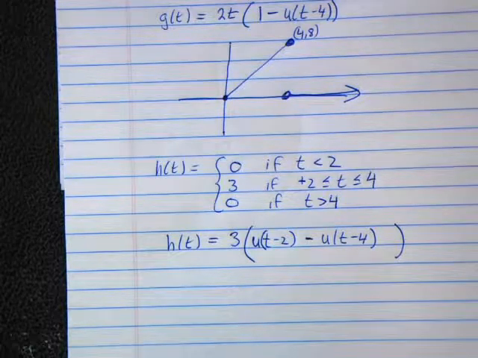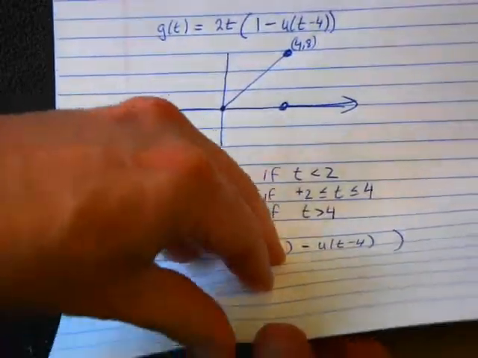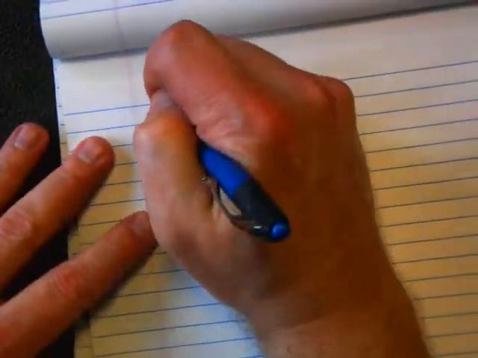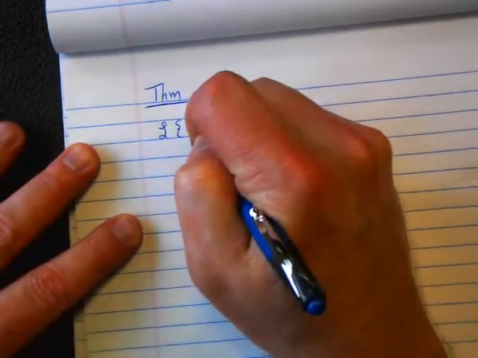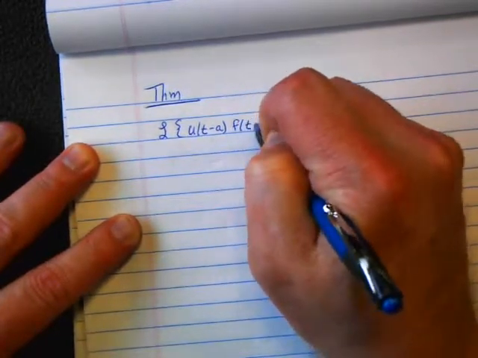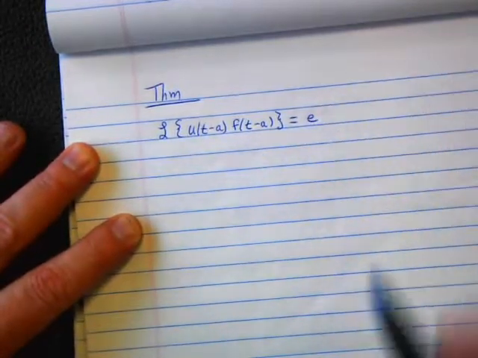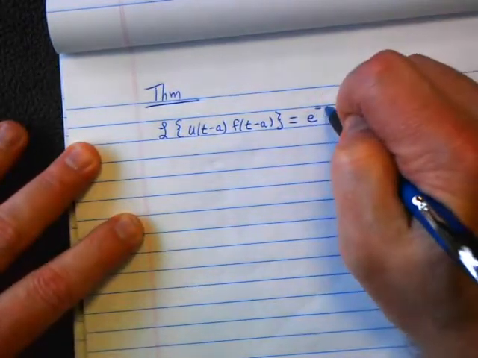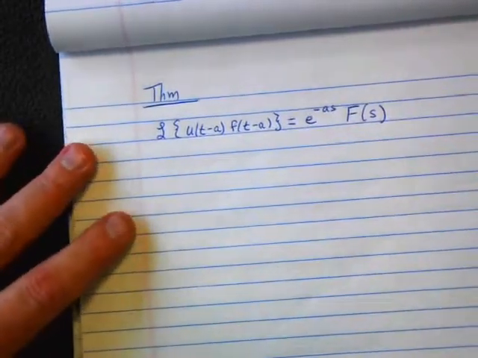All right, so now that we know how to write piecewise continuous functions, we have a theorem. The theorem says the Laplace transform of u of t minus a times f of t minus a is e to the negative as times capital F of s.